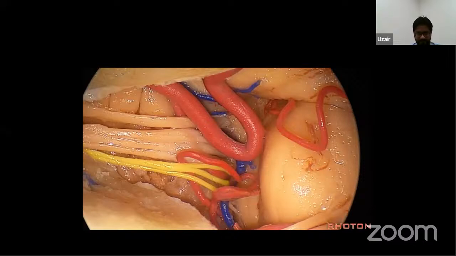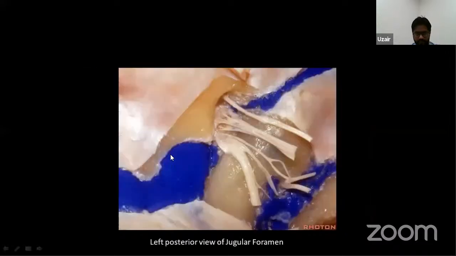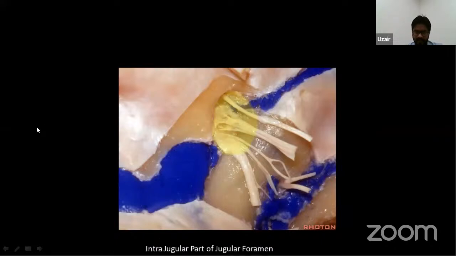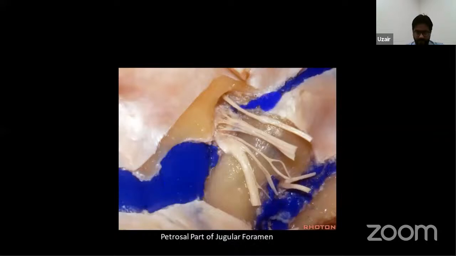So this is the left posterior view of the jugular foramen after dissection. This is the region of the jugular foramen. This is the intrajugular part of the jugular foramen. This is the sigmoid part of the jugular foramen. And this one is the petrosal part of the jugular foramen.